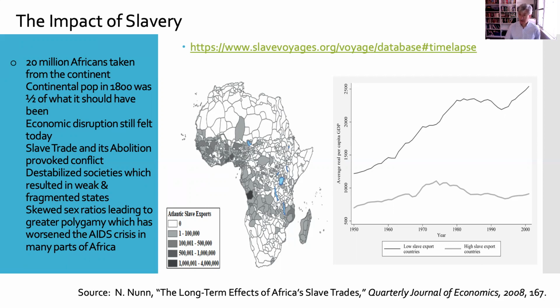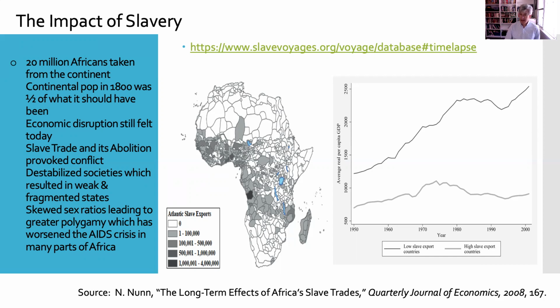And again, Dr. Oliveira talked a little bit about some of the growing economies in Africa over the last 30 to 40 years. And again, a lot of this is linked to the impact of slavery. And again, slavery disrupted all of these societies through warfare.